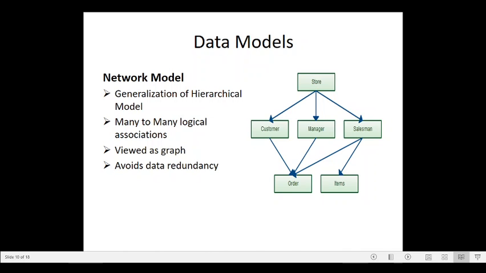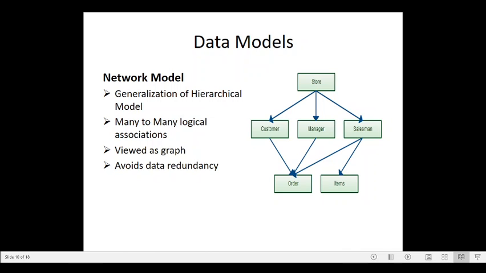To overcome the limitations of hierarchical model, we have a network model. It is a generalization of hierarchical model. This model was created to solve the limitations of hierarchical database model. In this type of model, a child can be linked with many parents, and the parent nodes are known as owners and the child nodes are known as members.